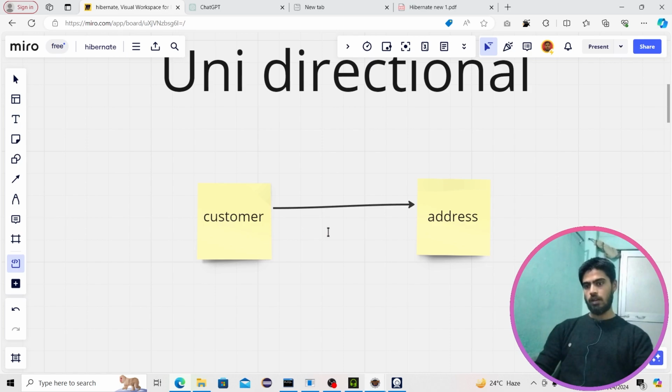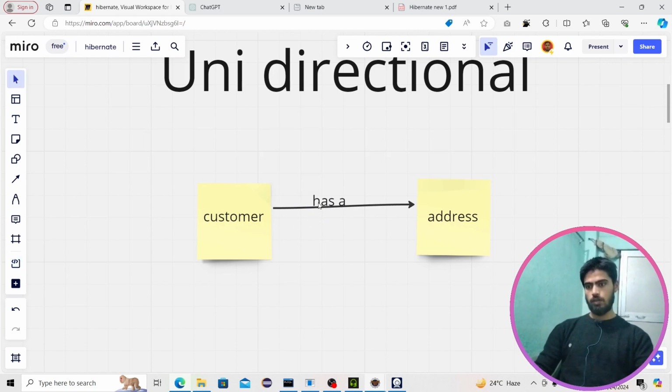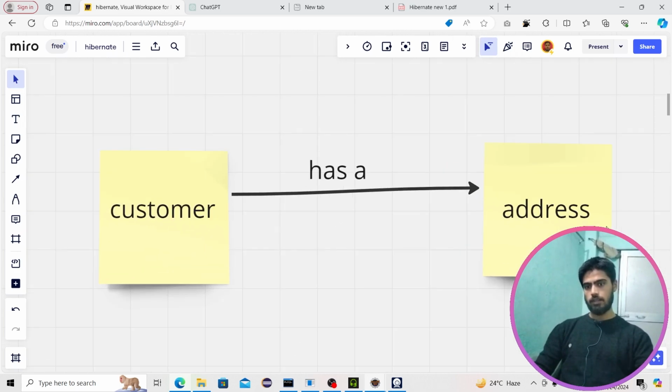Here, customer and address have a relationship which is called a has-a relationship.